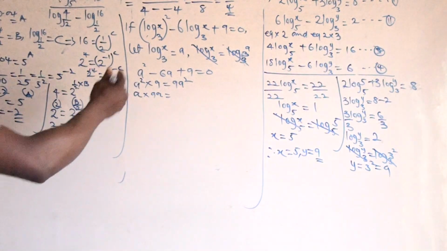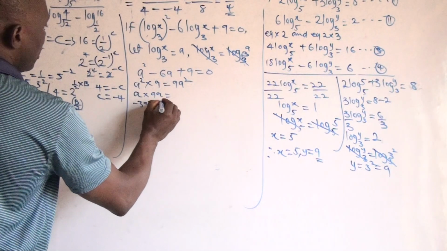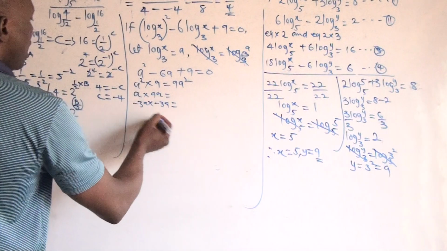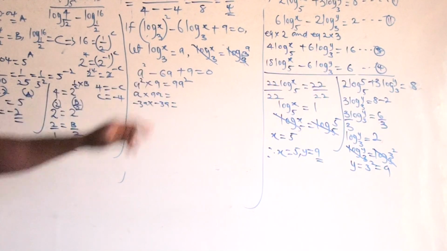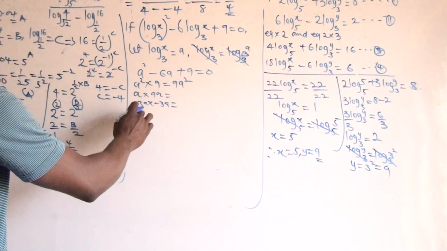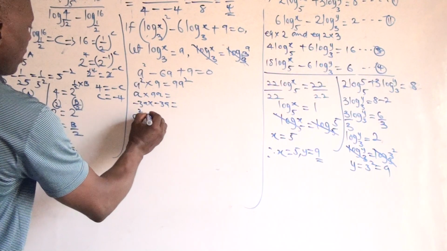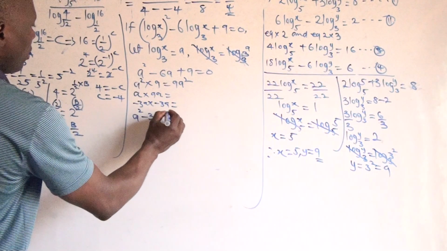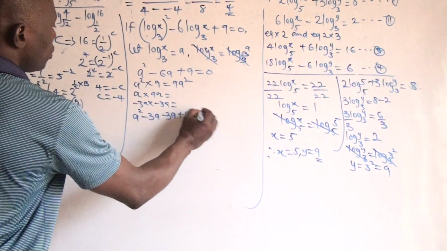The other factor is 3a times minus 3a, this one will give us 9a squared, and minus 3a minus 3a will give us minus 6a. So we replace this minus 6a with minus 3a minus 3a. So here we have a squared minus 3a minus 3a plus 9 is equal to 0.